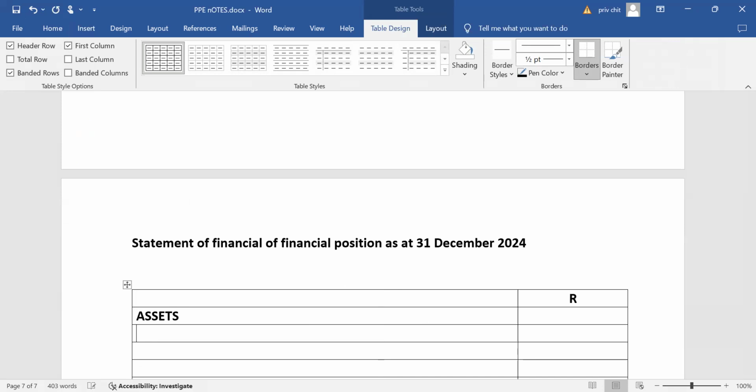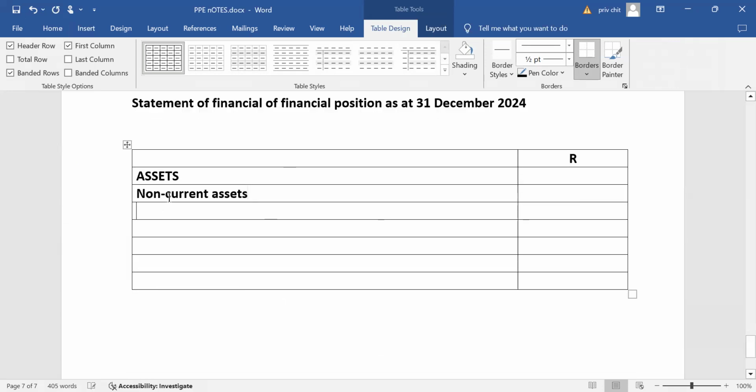Under your asset section, you would have non-current assets. Under non-current assets, that's where property, plant, and equipment would have to be disclosed. That's where even fixed deposits, if any, would have to be disclosed.